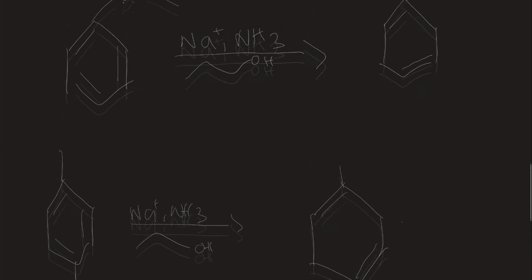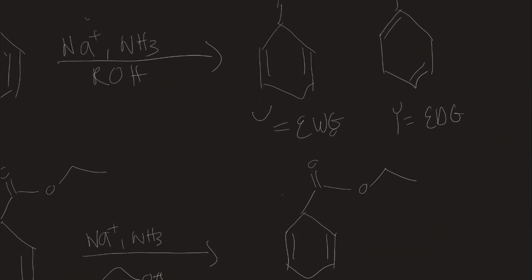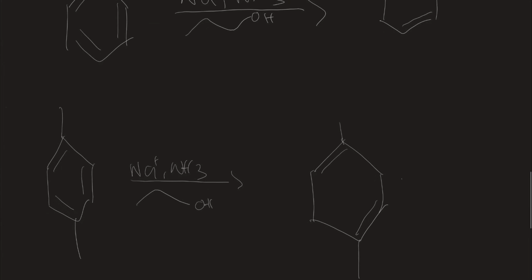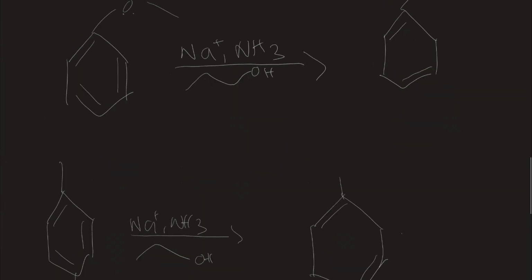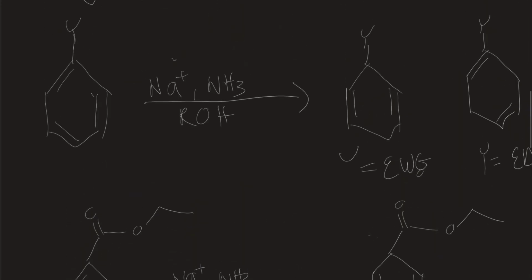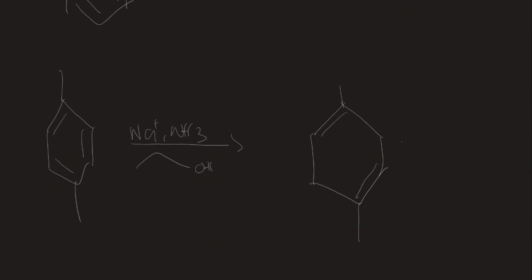So basically, if you're comparing the electron donating group products, the benzene rings are very similar, even if you have two substituents on your ring to begin with, like the last example. They still have the same generic format. The only thing that's varying is the substituents being placed. But basically what you can take away from this is that whenever you have an electron withdrawing group on your ring, the carbon that's bonded to the electron withdrawing group will be reduced.